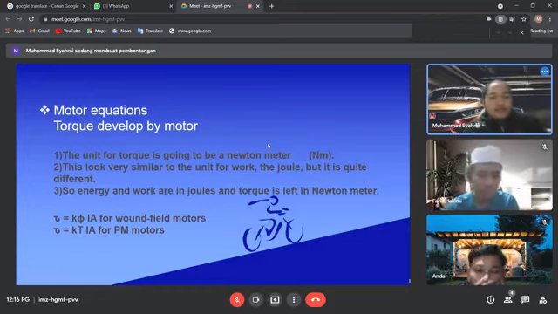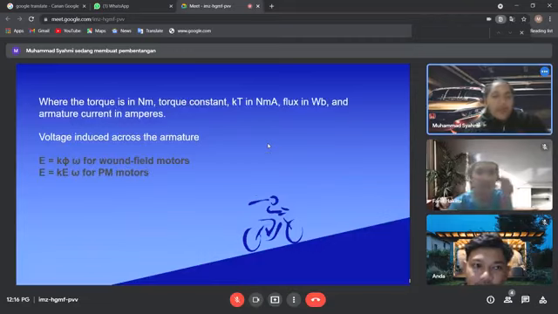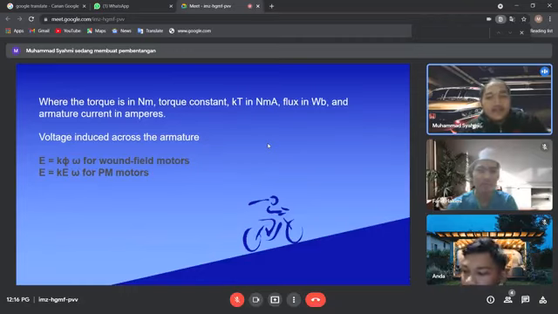T equals K phi IA for wound field motor, T equals KT IA for PM motor. Where the torque is in Nm, torque constant KT in Nm per ampere, flux in weber, armature current in ampere. Voltage induced across the armature: E equals K phi omega for wound field motor, E equals KE omega for PM motor.